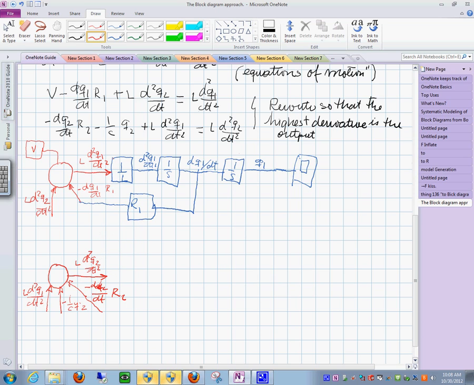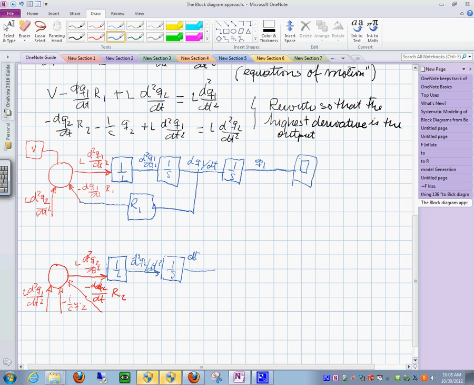Okay, so let's change the color again so that you'll know what I'm doing. That is a little different, new step in here. I'm just going to multiply by 1 over L over here. And what do I have? I have my d squared q sub 2 dt squared. Go to the 1 over s, and what do I get here?